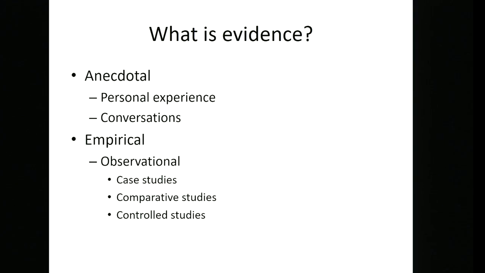So if you are trying to work out whether a drug is effective at preventing heart disease, then you want to look at this drug in a number of patients that are carefully chosen and count the number of them who have some kind of heart disease related complication over a period of time.